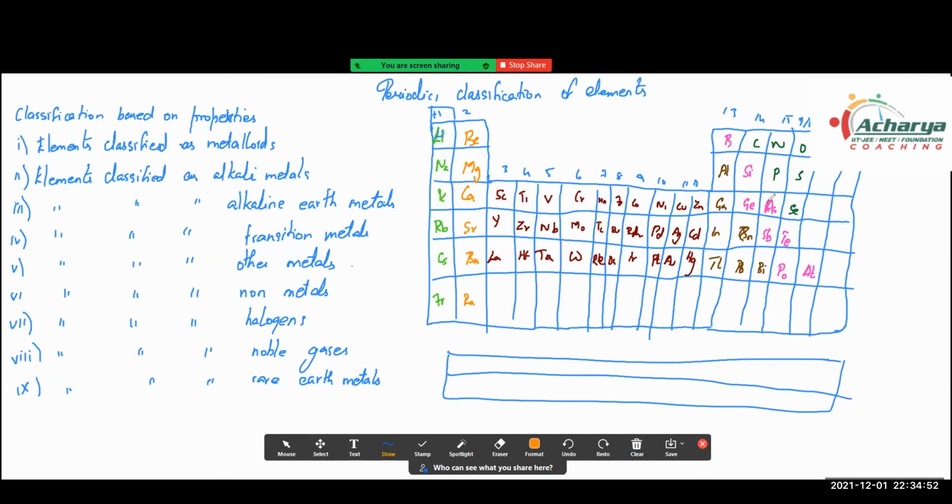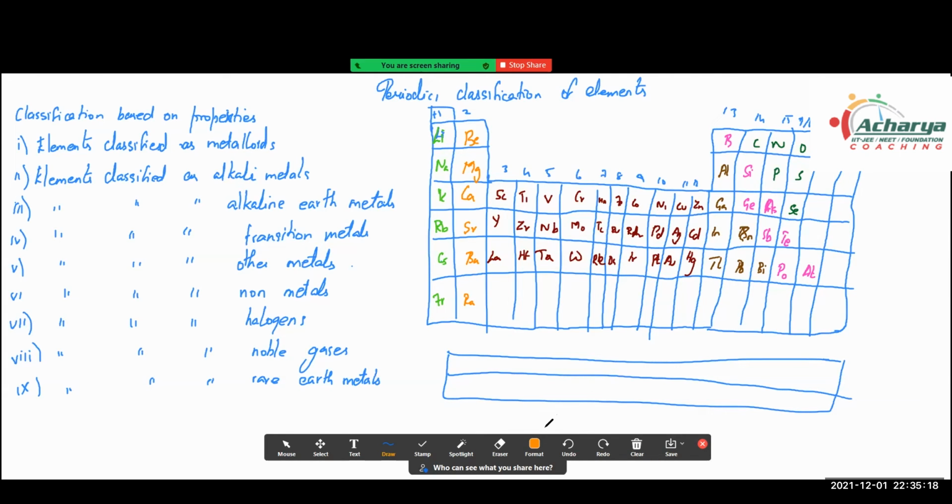Moving on to the halogens, they are the group of elements placed in group number 17. The name halogen comes from a Greek term: halos means sea salt, and genes means producer. So halogen means salt producer or salt former, and a compound that has this particular element in it will be known as a salt.